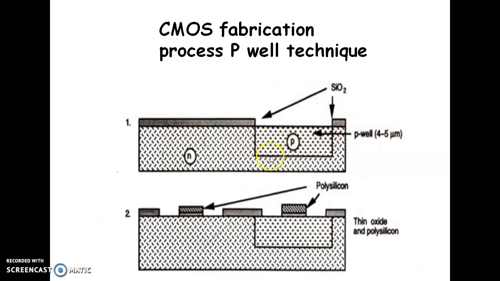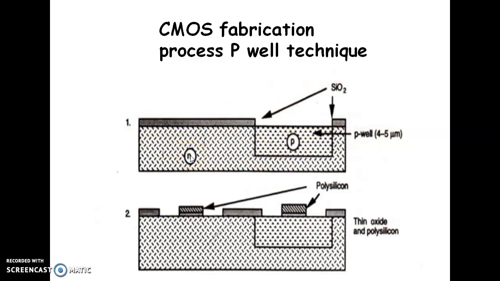This well acts as a substrate for N devices within the parent N substrate, provided that voltage polarity restrictions are observed. These two areas are isolated electrically, and different masking, patterning and diffusion processes will take place for forming the NMOS here and PMOS here.